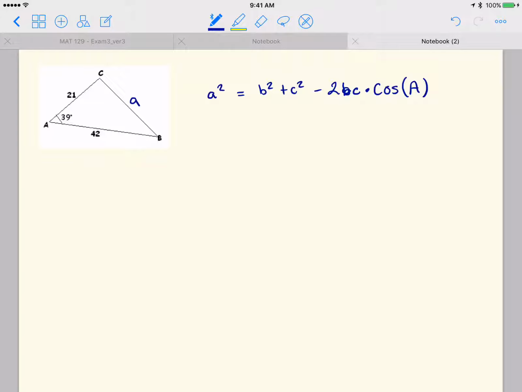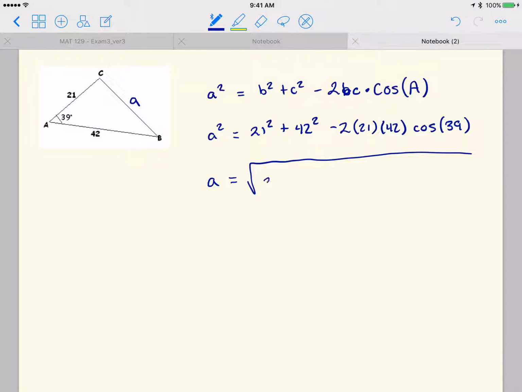Now I'll just start filling stuff in. a squared equals b squared, that would be 21 squared, plus 42 squared, minus 2 times 21 times 42 times the cosine of 39. All that can be worked out, and if I was solving for a it would be the square root of all that stuff.